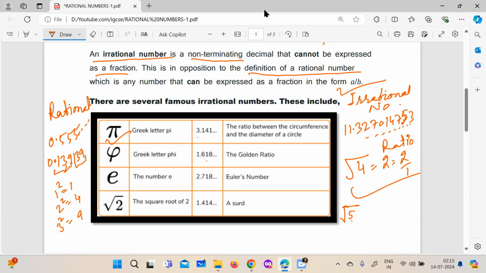So root 5 cannot be written in a whole number form. So this will also come as an irrational number. I hope this is clear. So irrational numbers are non-terminating decimals, and at the same time they don't have any pattern of repetition. That's why they come into the irrational number group.